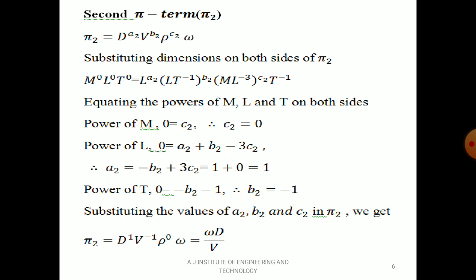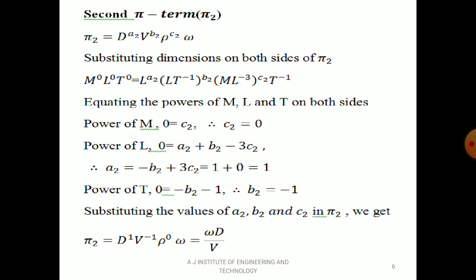So now I have the values of b2 and c2: b2 equals minus 1, c2 equals 0. I'll substitute those values in the expression for a2. So a2 equals minus b2 plus 3c2. The b2 value is minus 1, minus into minus becomes plus, and 3 into 0 is 0 only. So 1 plus 0 equals 1. So that is the value of a2.